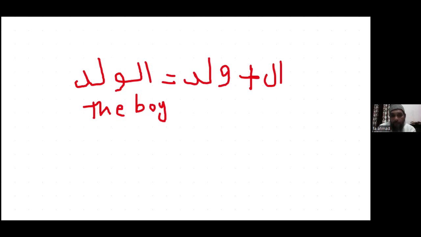Now the next word. This is "sayyara". Sayyara means car. Sayyara has a shadda. And here put the article "al". Now join together.